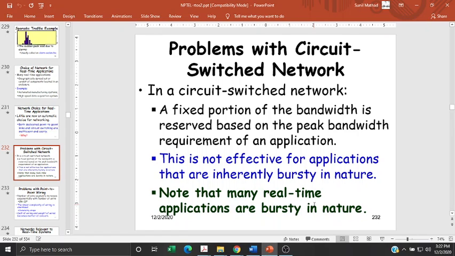Real-time applications are bursty in nature. As in the example of a fire alarm, it may never produce anything, but whenever a fire is detected, at that time it generates an enormous amount of information simultaneously to reach different ends.